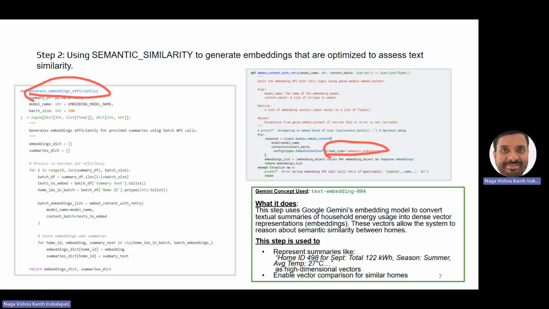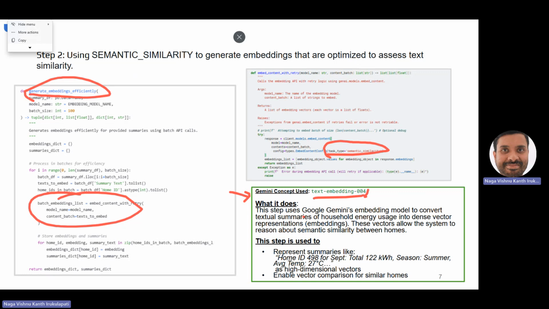One other thing I would like to highlight is that we have used batch embeddings here. This is very important because of the number of rows that we had. We have to process this and make the embeddings in a batch fashion. The snippet here shows the concept that we have used, what it does, and what this step is used for. I show this in the next slides as well. The concept that we have used here is text embedding 004.